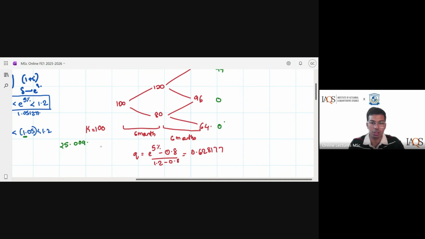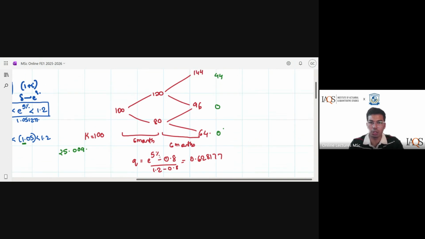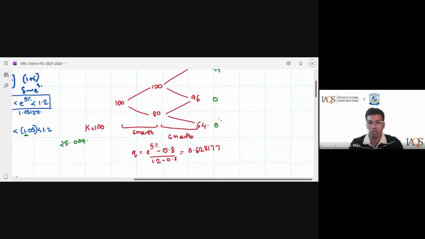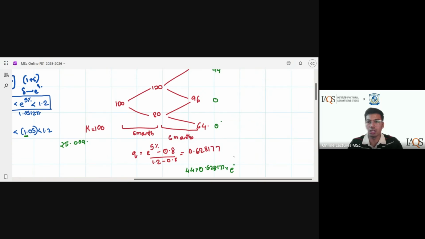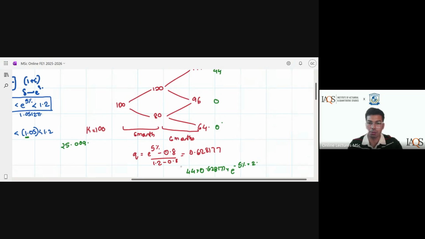Acha, I got it. The formula that you're using is 44 into 0.628177 into e raised to minus 5% into 2. Correct? Yeah, that's what I did. I'm assuming, Ria, you've done the same thing because you have the same answer. Alright, let's see if someone else has a different answer.